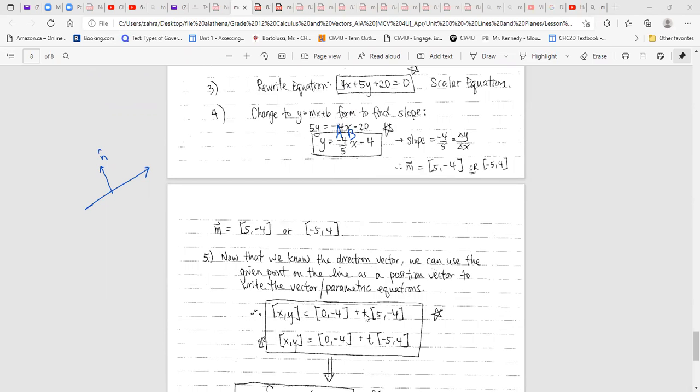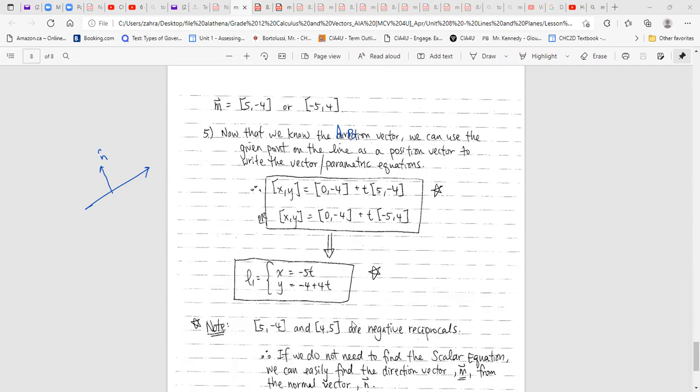You can write the vector equation, and from the vector equation you can find the parametric. So it's going to be x equals 0 plus 5t, y equals -4 plus -4t. Actually, they did it for the second one: x equal to -5t, y equal to 4t.